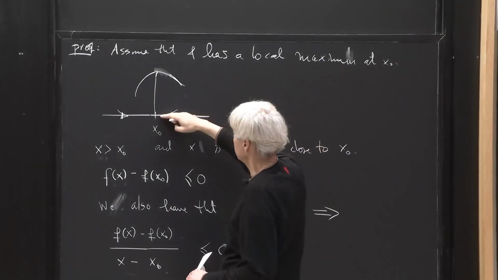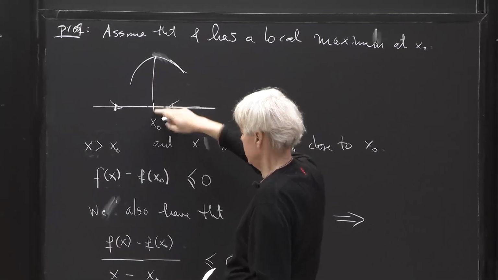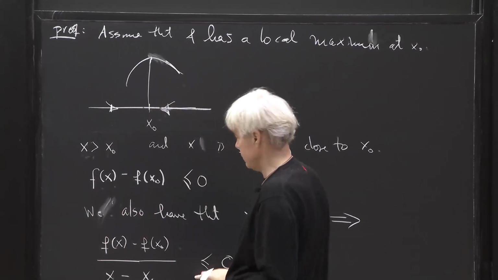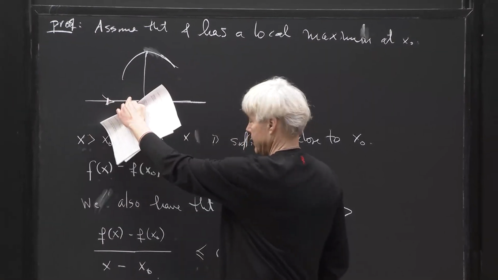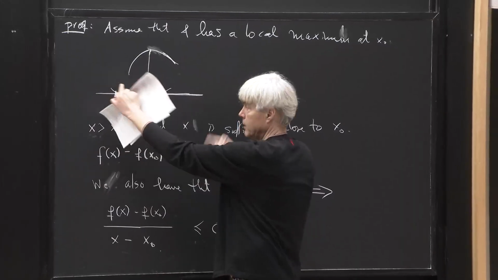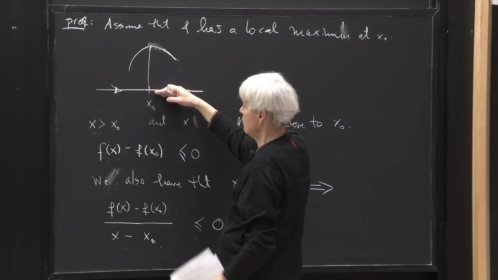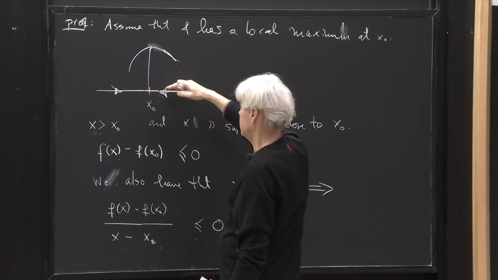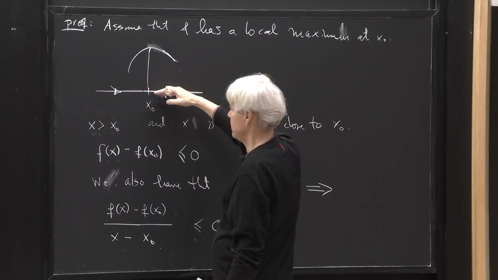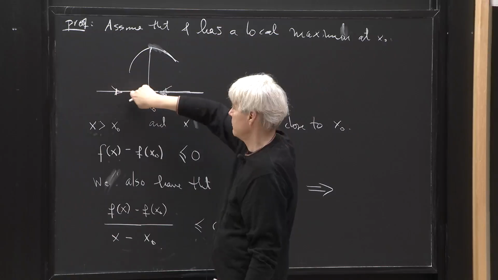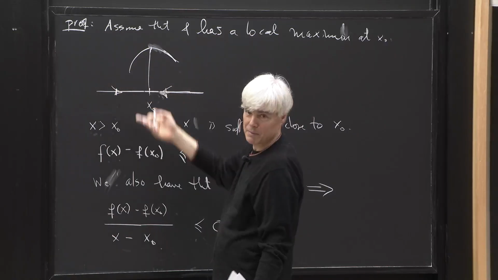As you're approaching in this direction to x0, the difference quotient is non-positive. When you're coming in here, it's non-negative. But it has a limit. And so the limit from this side would have to be non-positive, and the limit from this one non-negative, so therefore the limit must be 0.